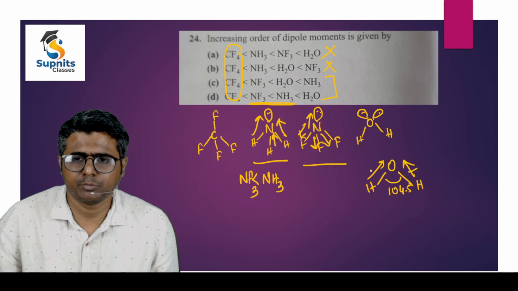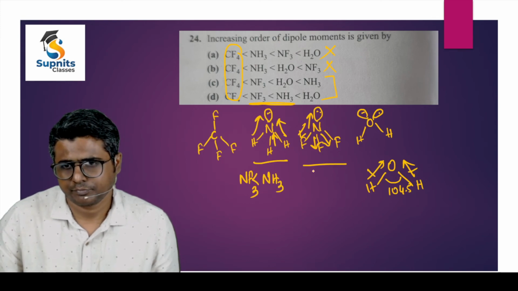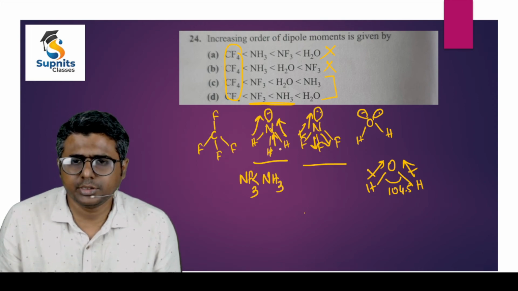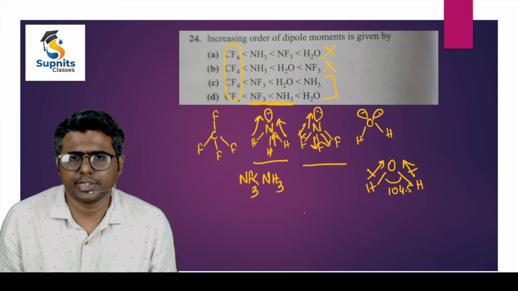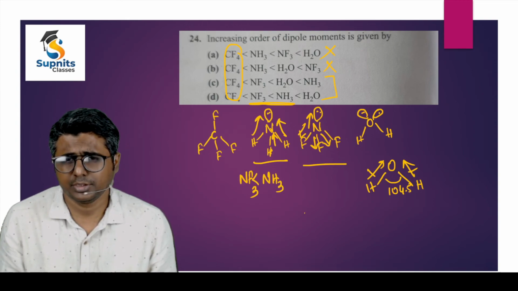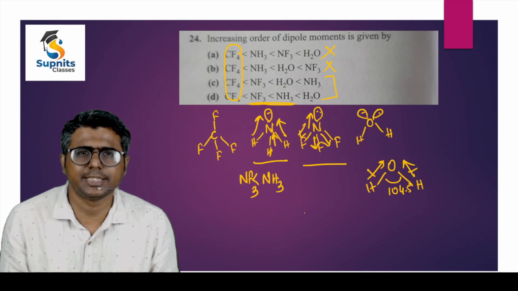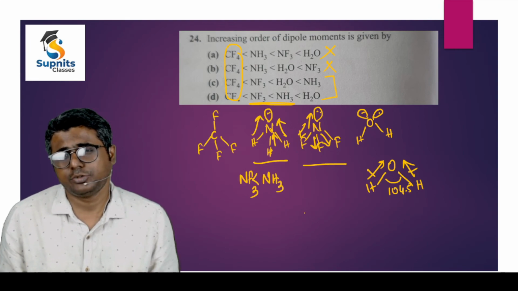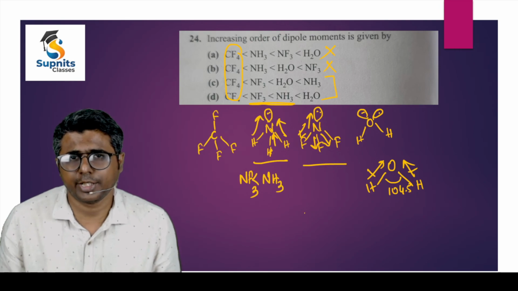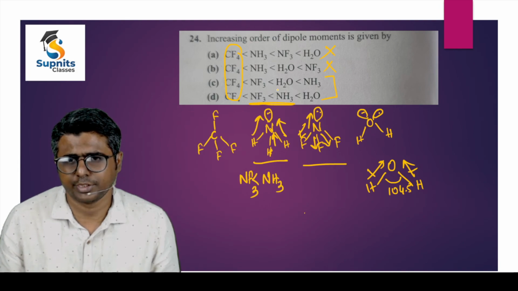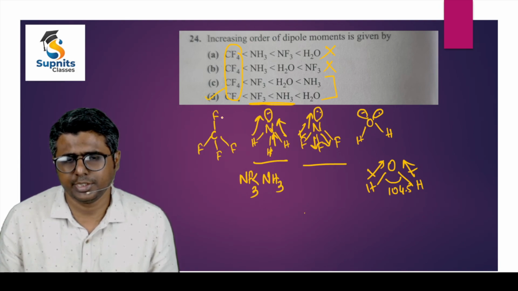This is the dipole moment of H2O, and in NH3 there are bonds between H and N. See, oxygen's electronegativity is much higher than that of nitrogen. So definitely in that case H2O will have more dipole moment than NH3. So H2O will lead over here. So option D is the correct option.